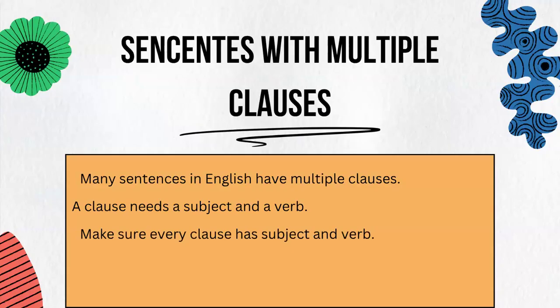So make sure that every clause in a sentence has a subject and a verb. Check if the clauses are correctly joined, if they make sense, if they are coherent one with the other.